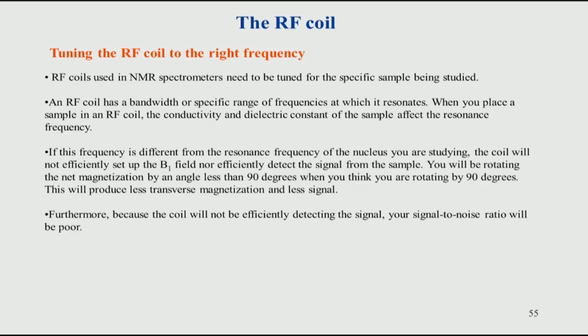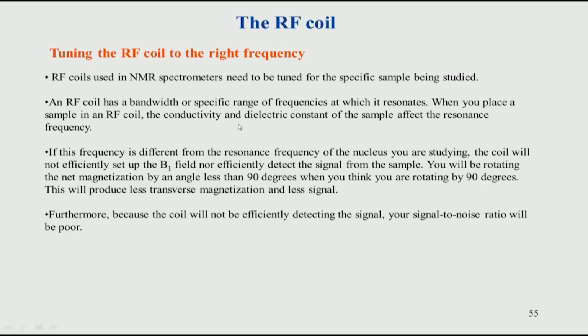Many elements in the entire periodic table are amenable to NMR spectroscopy, and therefore one has to generate frequencies tuned to the frequency of a particular nucleus. For example, when I say 500 megahertz, that is the frequency of hydrogen, but for carbon it will not be 500, it will be 125 megahertz. Similarly, for nitrogen it will be 50 megahertz.